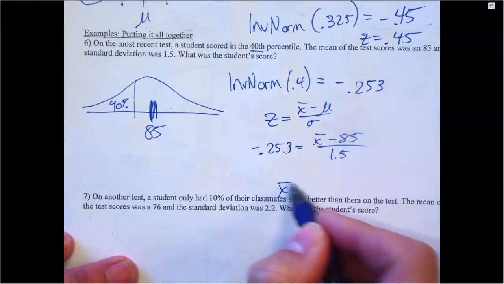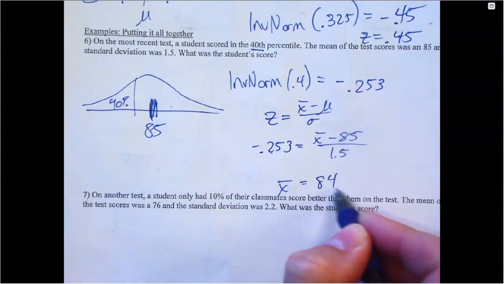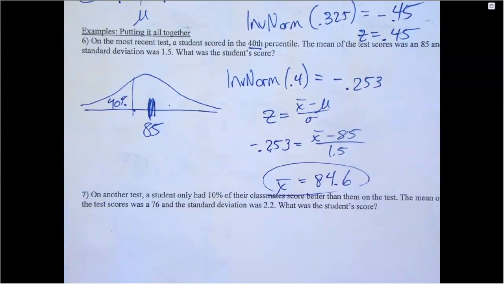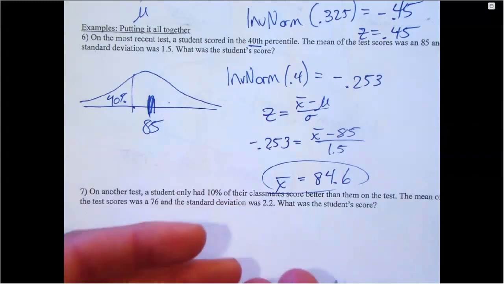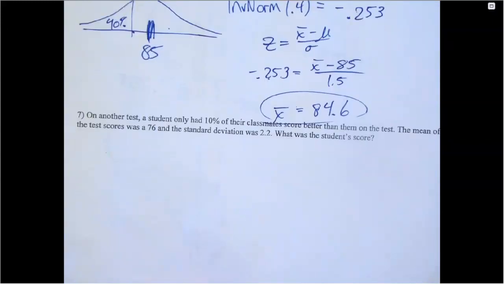I multiply that by 1.5 and then add 85, so I get 84.6, which makes sense, a little bit to the left of the mean. That doesn't prove it's the right answer, but at least it's not terribly wrong. How many had that? Question about it? Okay.